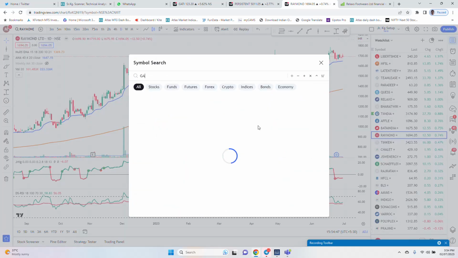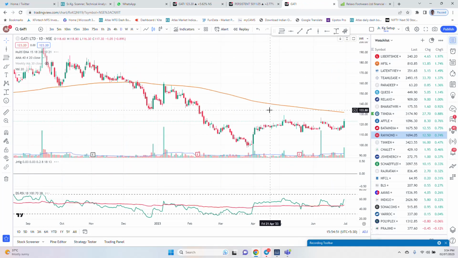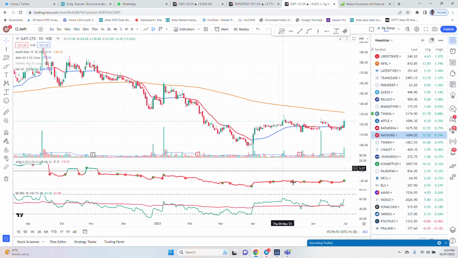Same thing here, if you see Gati's chart. Still Junior KG has not given us any buy signal, but Senior KG has already given us the buy signal on this candle here, and now there is a very good bullish candle here, and the stock is in a very good consolidation.